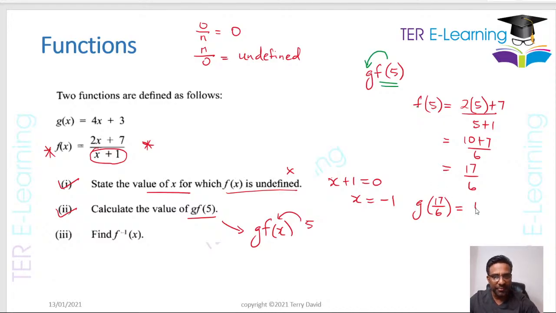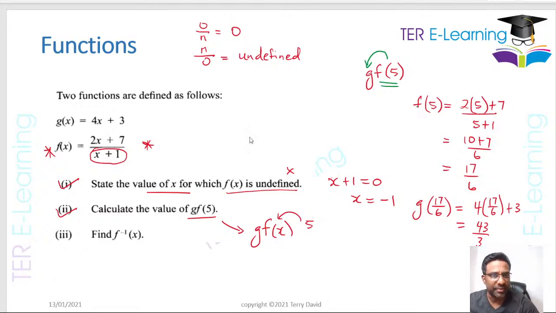So this is going to be 4 multiplied by 17 over 6, plus 3. You can use your calculator for this. That's 4 multiplied by 17 over 6, plus 3, and what that gives me is 43 over 3. Let's make sure I didn't make a mistake here.